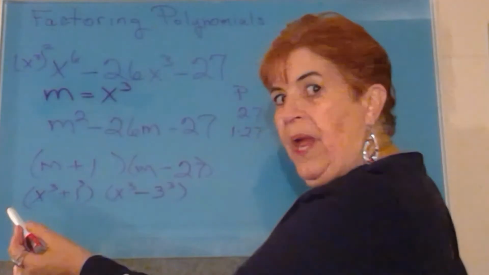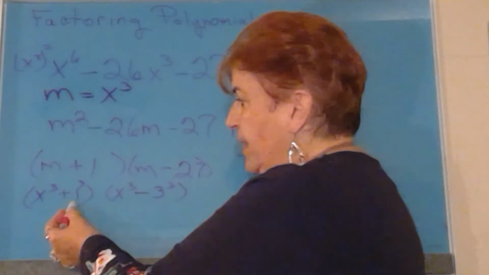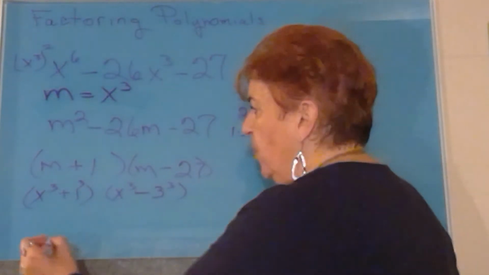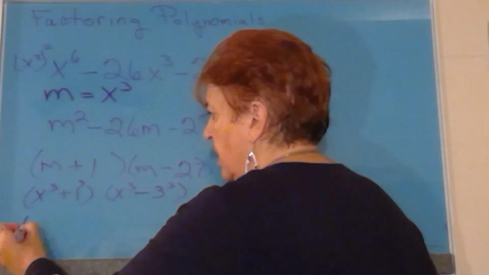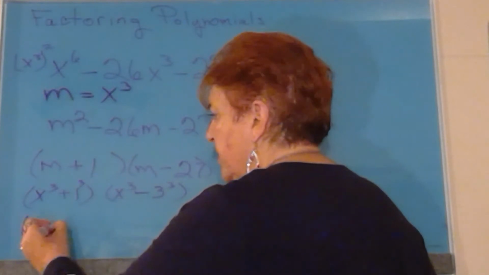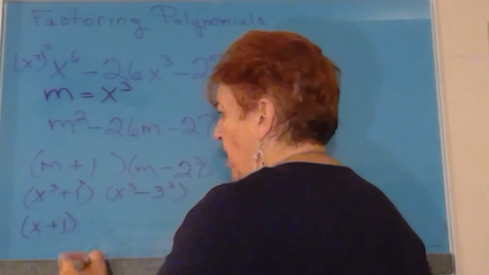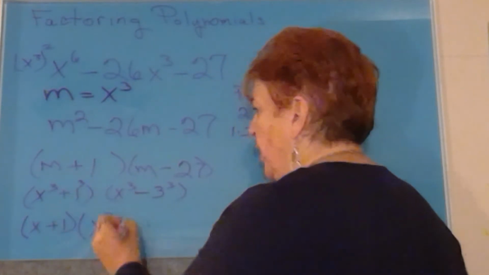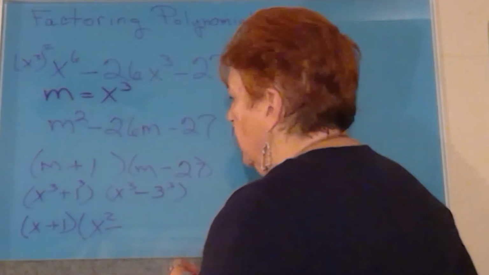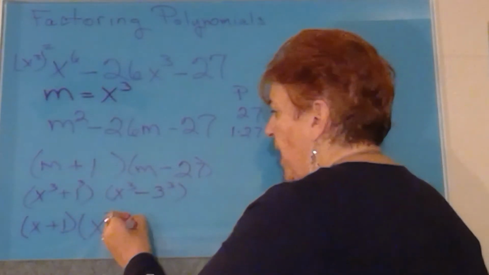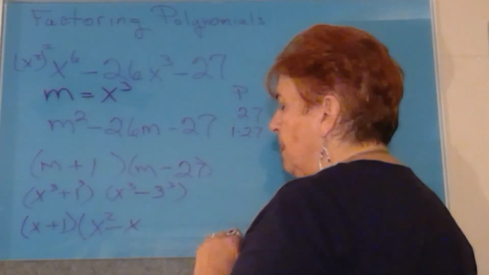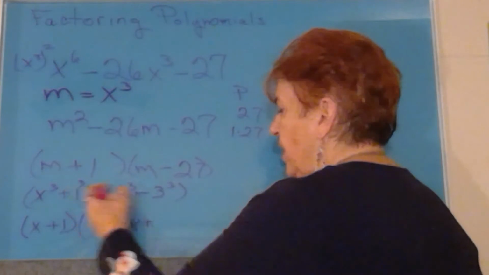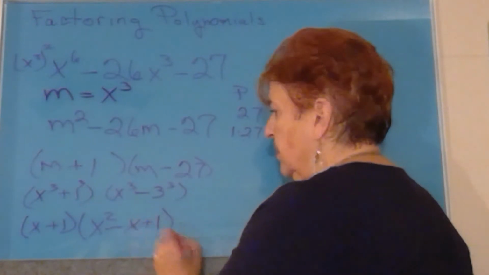Remember, here my a is x, and my b is 1. So we have x, same sign, plus 1, times x squared, change the sign, and then 1 times x, which is x, that's my a times b, always positive, and 1 squared is 1.